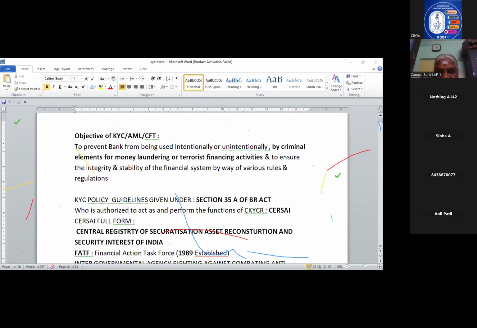One second, my screen is not moving. I need the names of annotations.